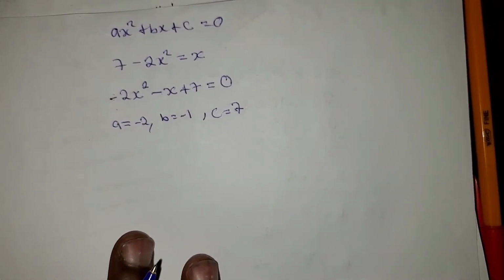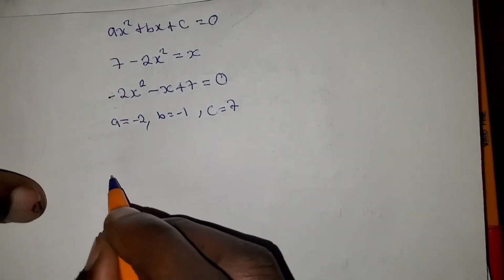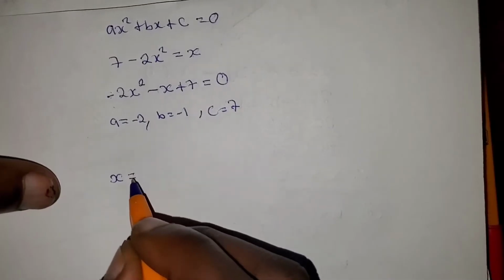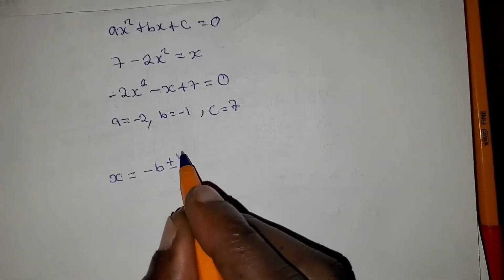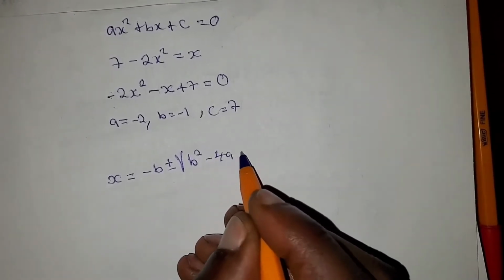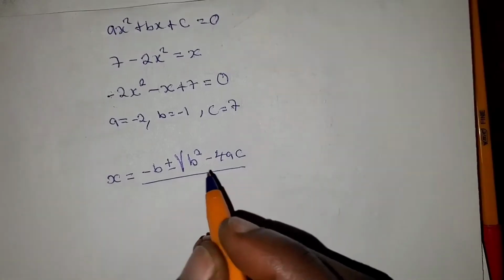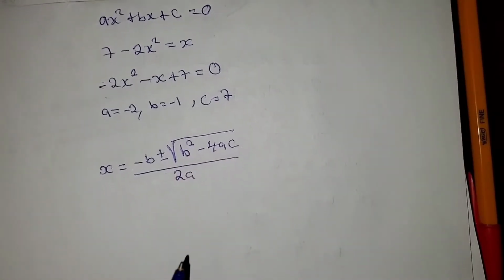All right, so let's write down the formula. It is x is equal to negative b plus or minus the square root of b squared minus 4ac, the whole of it divided by 2a, like this.